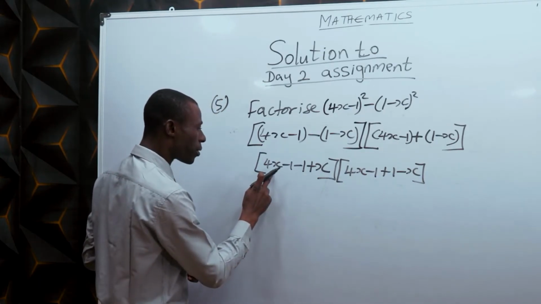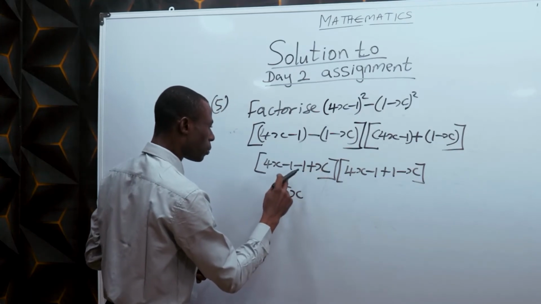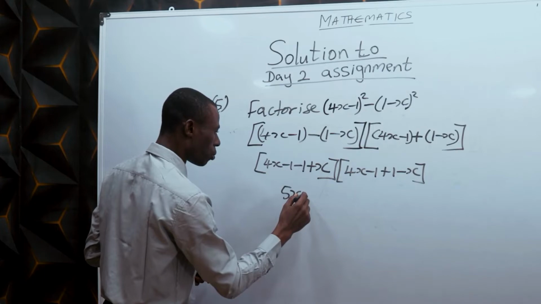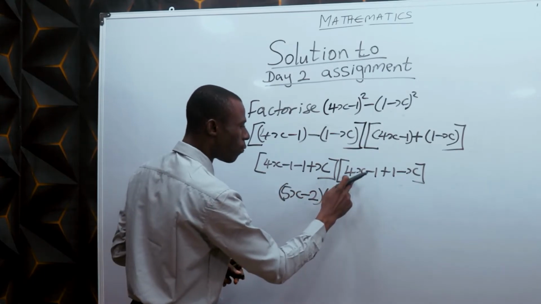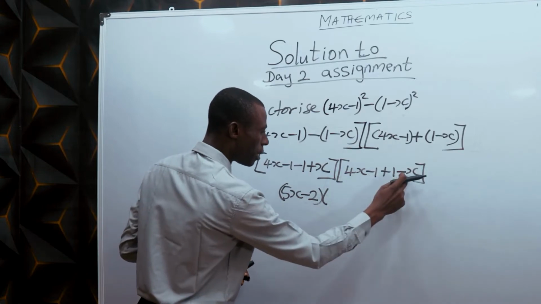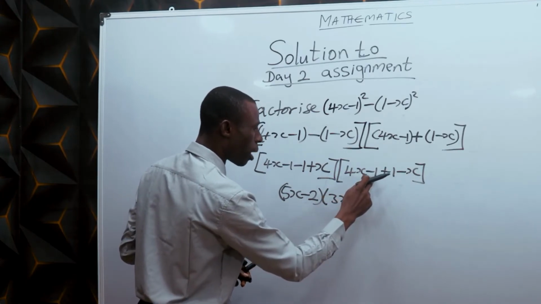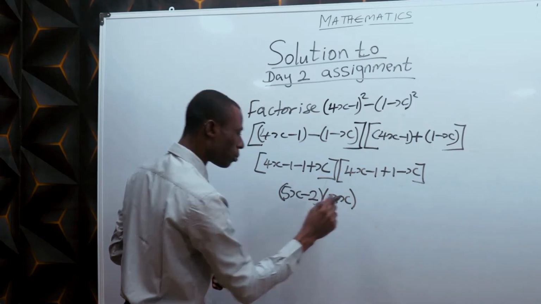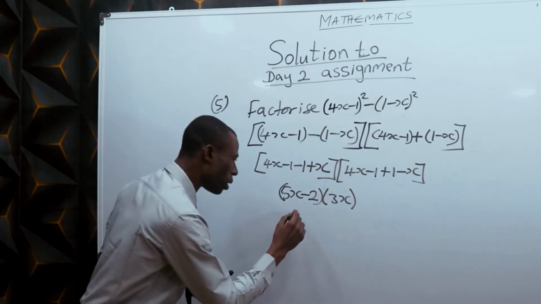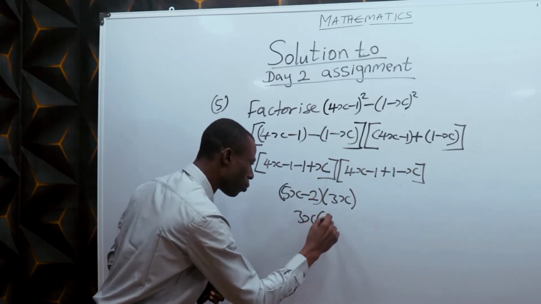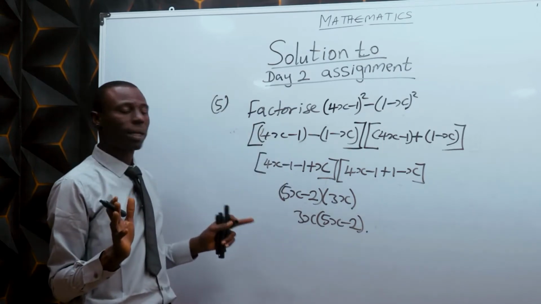So 4x plus x, that's 5x. Minus 1 minus 1, that's minus 2. Into 4x minus x, that's 3x. Minus 1 plus 1, that's 0. This is where we come to. We have factorized it. So you can rewrite it as 3x into (5x minus 2). This is the factorized form.